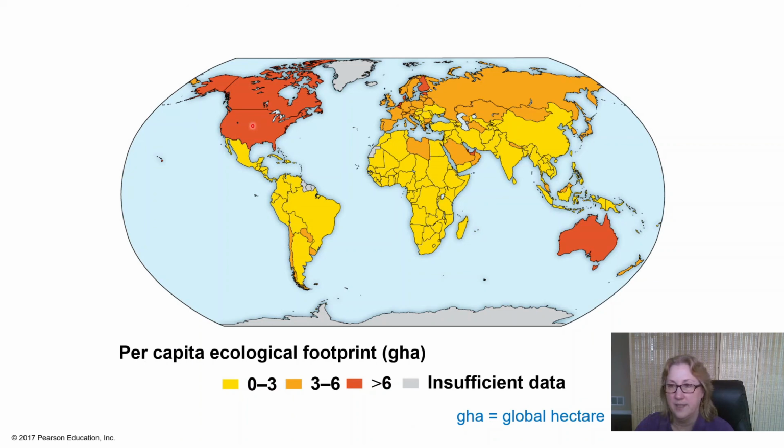So US, Canada, Australia, one Scandinavian country, which I'm not sure which country that is. I think Sweden. And then the rest of Europe, not far behind, with 3 to 6 hectares per person. So if we're going to ask what is the carrying capacity of the planet, if everybody is like us, it's a very different calculation.